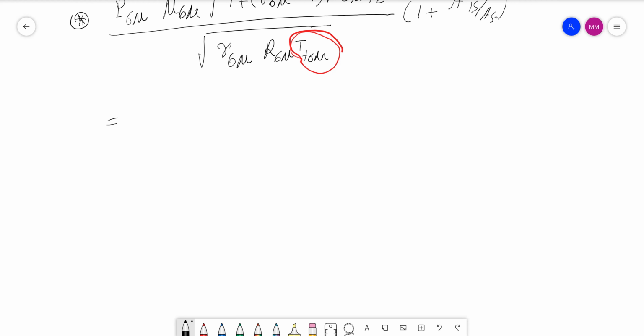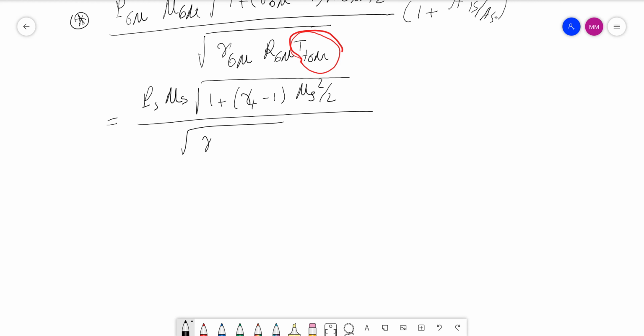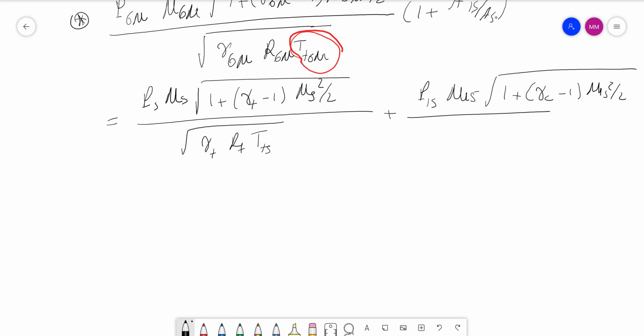So all of this is going to be equal to P5 M5 (1 plus (gamma T minus 1) M5 squared over 2) divided by the square root of gamma T R T TT5, plus P15 M15, exactly the same equation, just for station 15, (1 plus (gamma C minus 1) M15 squared over 2) divided by the square root of gamma C R C TT15, multiplied by A15 over A5.